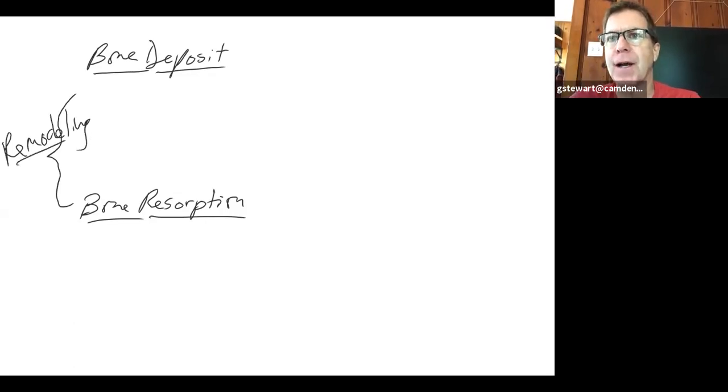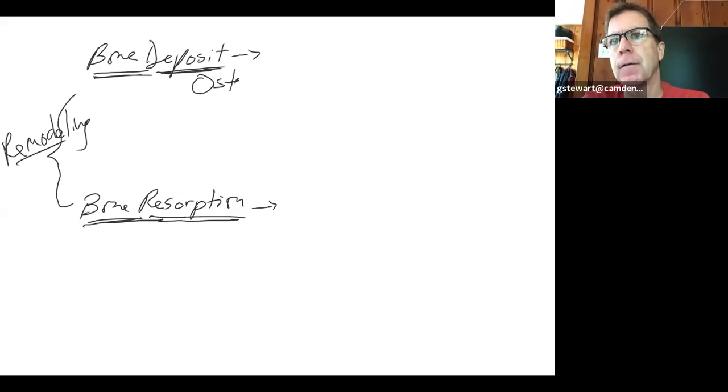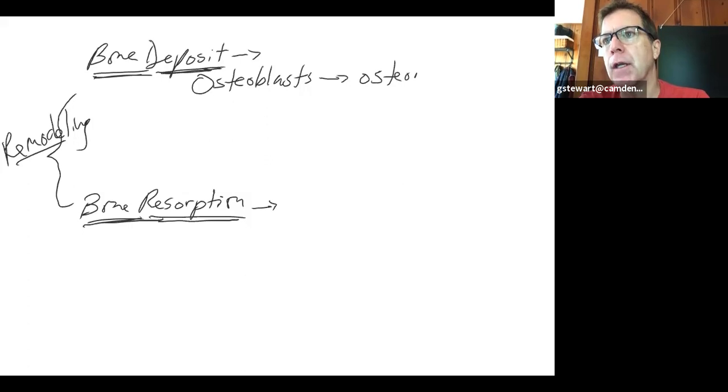Bone deposit just means ossification or laying down new bone matrix. So this is predominantly the job of osteoblasts and mineral deposits. Bone resorption is breaking down or dissolving bone matrix, which is the job of osteoclasts. So in bone deposit, we know that osteoblasts secrete an uncalcified stuff called osteoid.